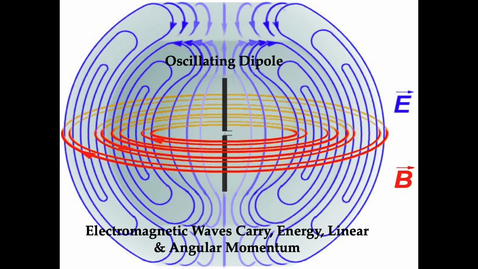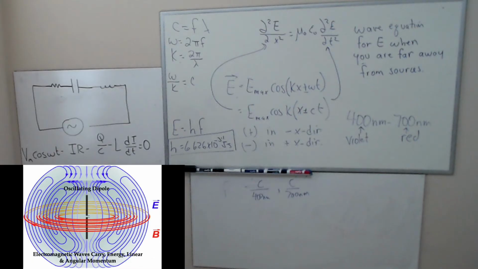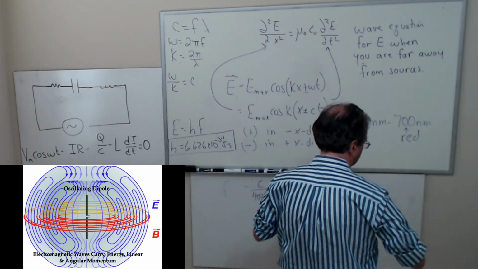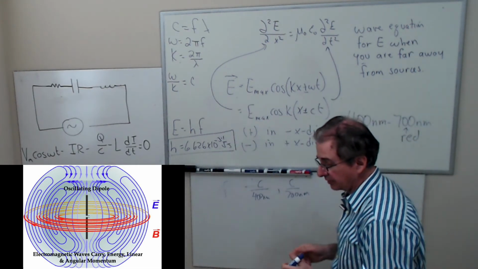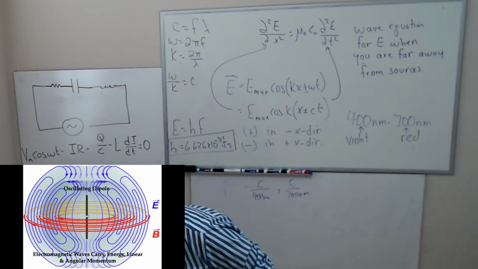So, if you have, let's say, a wire, in fact, let's say I have 2 wires. This is called, I'm going to call it a dipole.